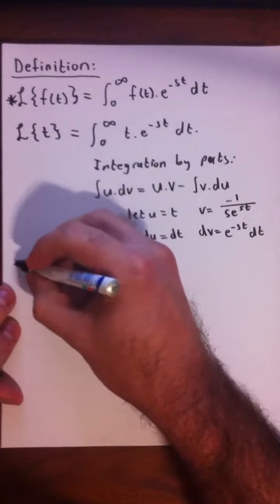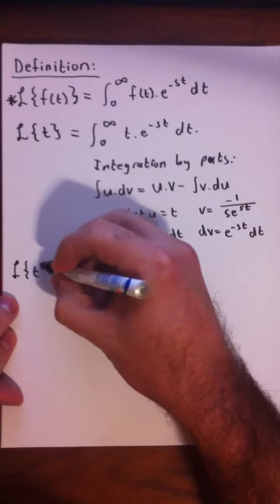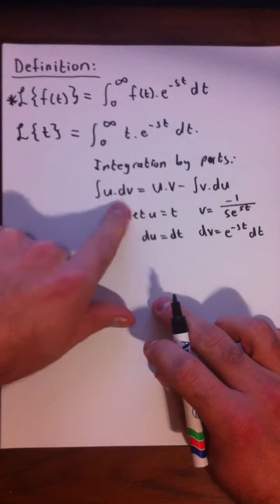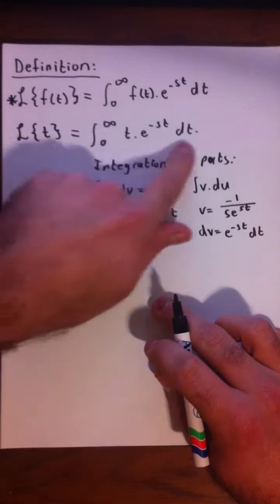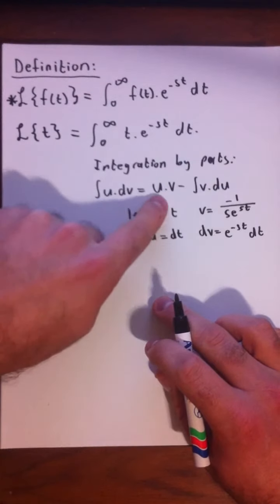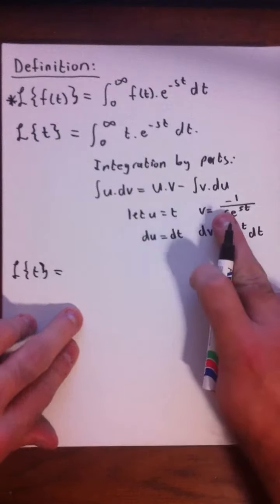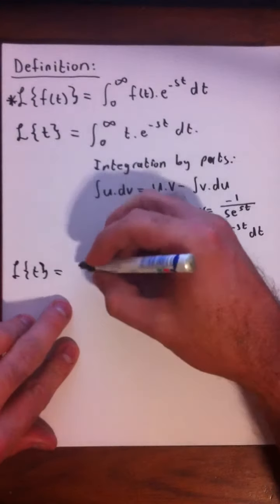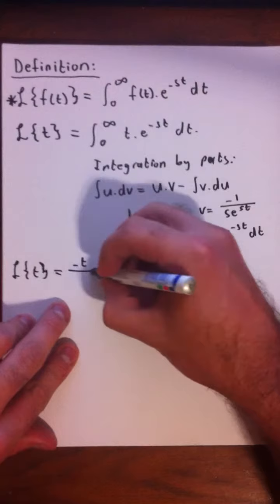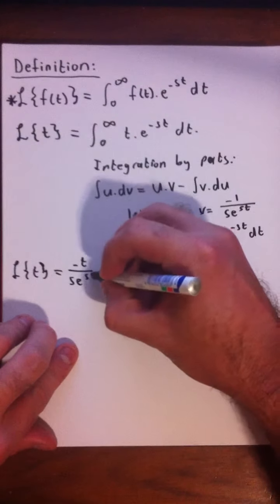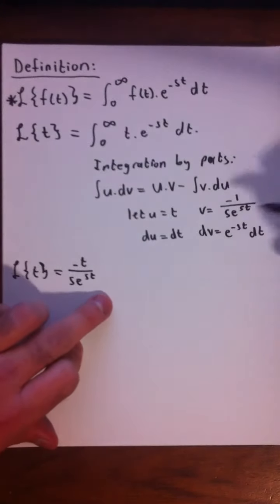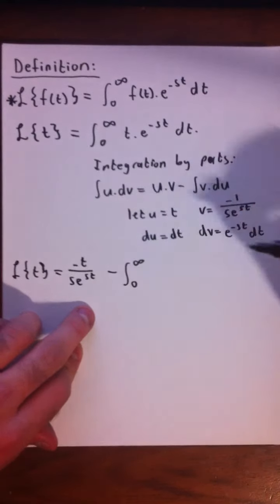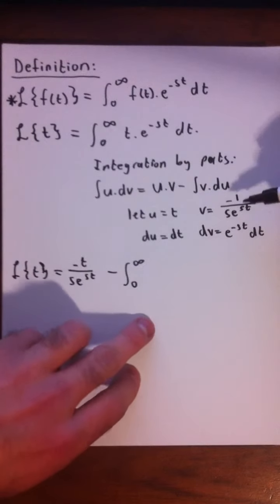So now we'll see that the Laplace transform of t is equal to, so we had that this whole expression here was this big thing. Now we're going to rewrite it as uv, which is u times v, so that'll just be negative t over s e to the st. And we have minus the integral, we're still working from 0 to infinity, of v du.